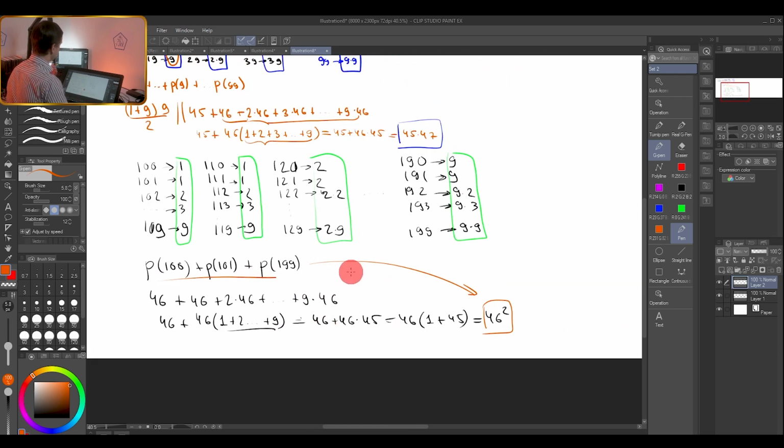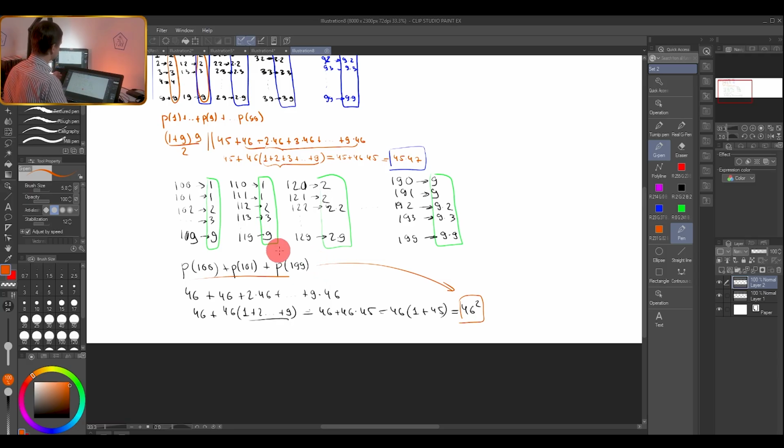And if you make a reasonable approach, you can understand what will happen in the next 100 numbers. If you do the numbers, for example, you start from 200, 201, and so on, 209, then you go to 210, 211, and so on, 219. You can see that in this column, everything will be like here, but multiplied by 2. It will be the contribution because of 2 on the first place.